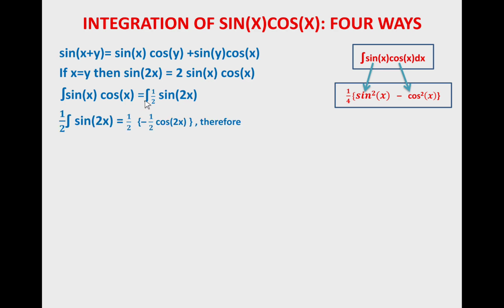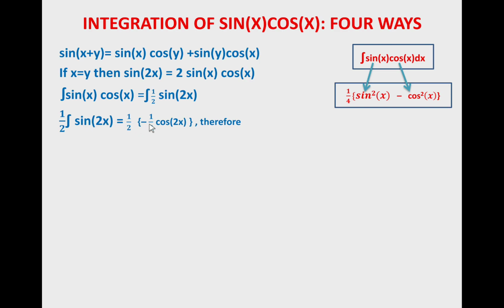So let's follow this integration. Since 1/2 could be taken outside the integral, it will be 1/2 and then the integration of sine 2x. That's equal to 1/2, and then the integration of sine 2x will give us another 1/2, and since sine integrates as negative cosine, we will have minus 1/2 cosine 2x as the integration of sine 2x.